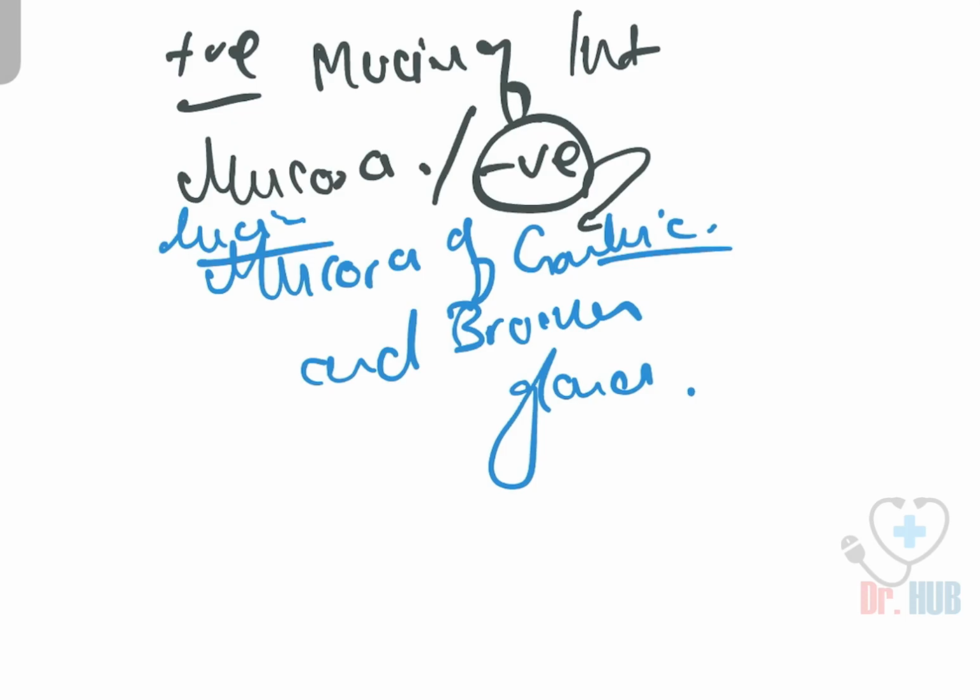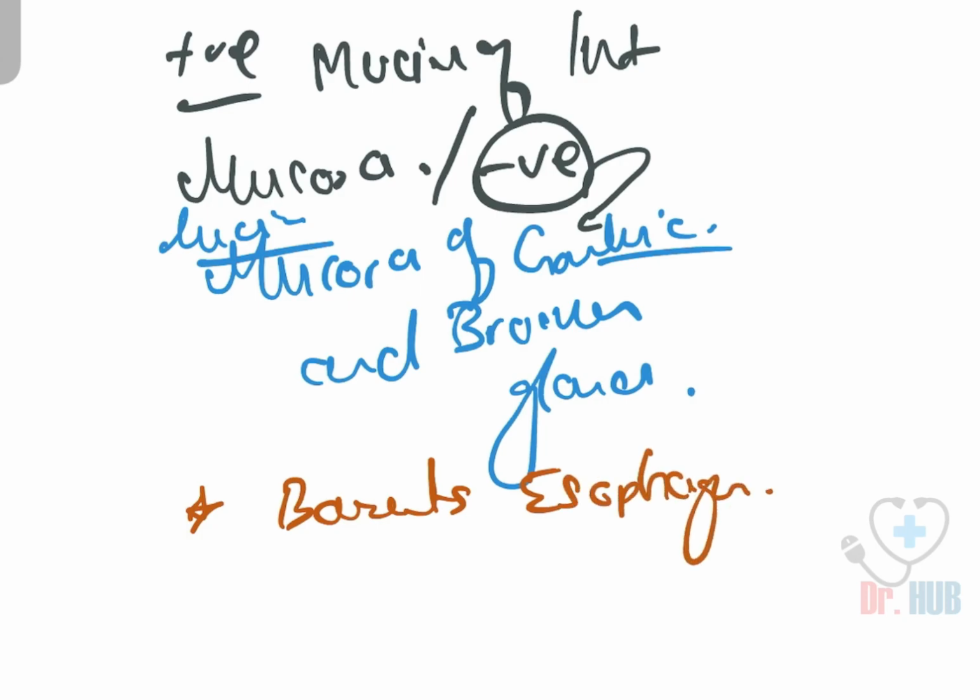Now looking at the conditions, it is seen in Barrett's esophagus as well as gastric disorders.